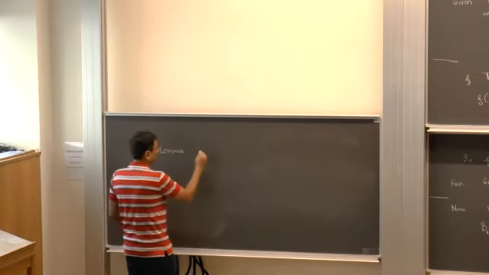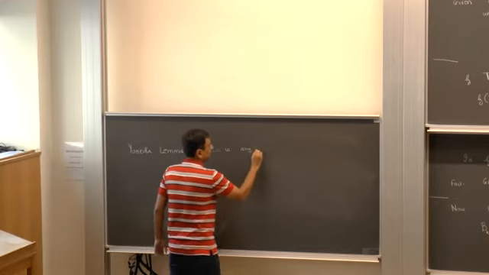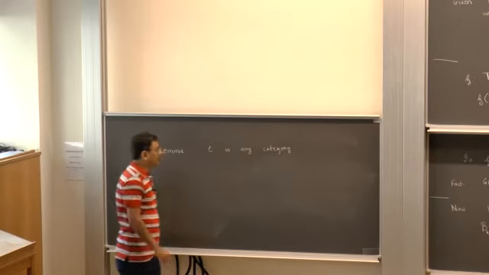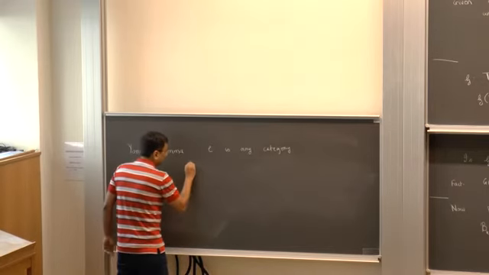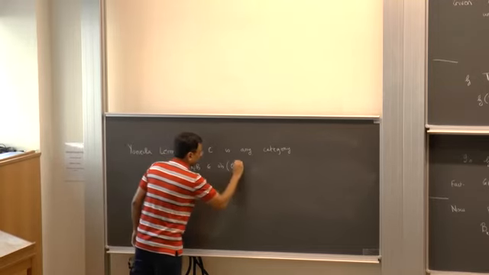So it says the following. Suppose C is any category, and I look at two objects A and B in my category.